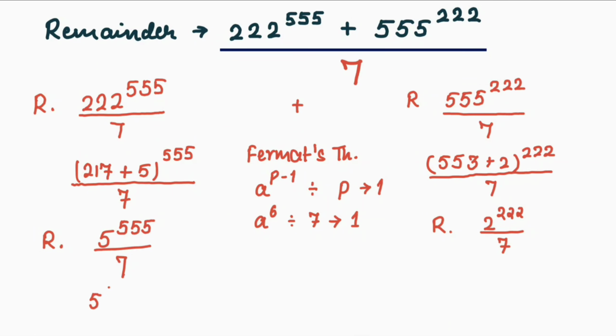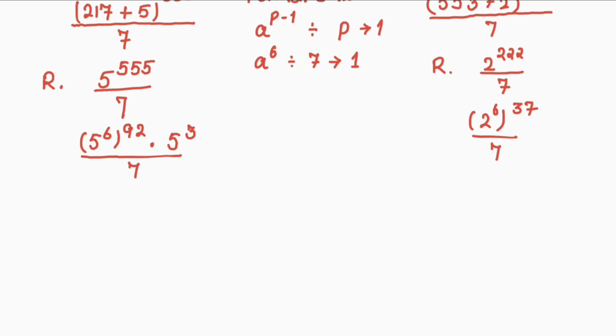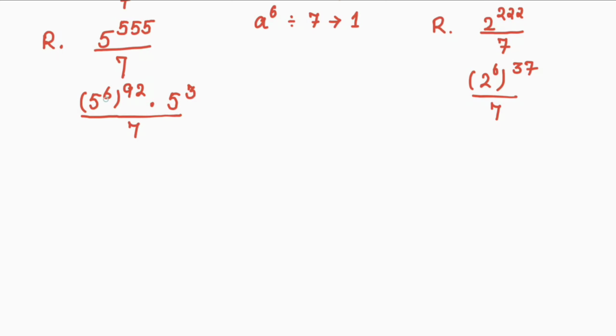Write this as 5 raised to the power 6 into 92 and 5 cube. Similarly, 2 raised to the power 6 into 37. So when divided by 7, 5 raised to the power 6 leaves the remainder 1, and this is 92 times and all of them leave the remainder 1.